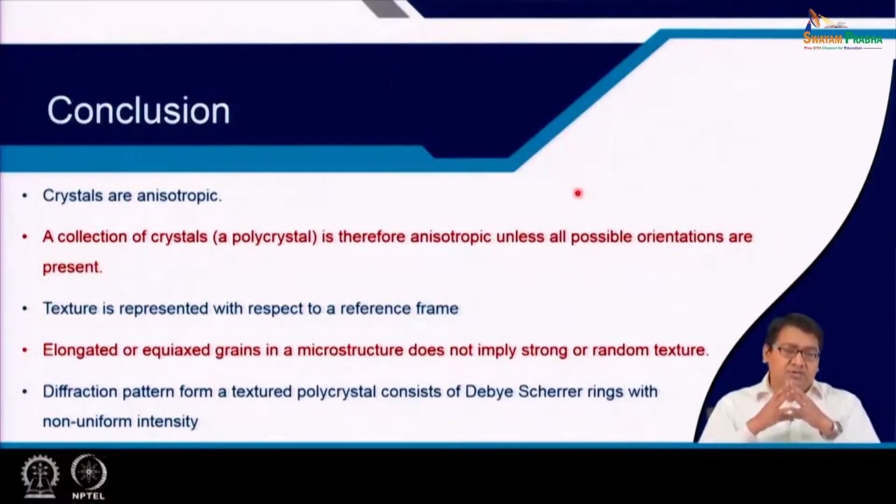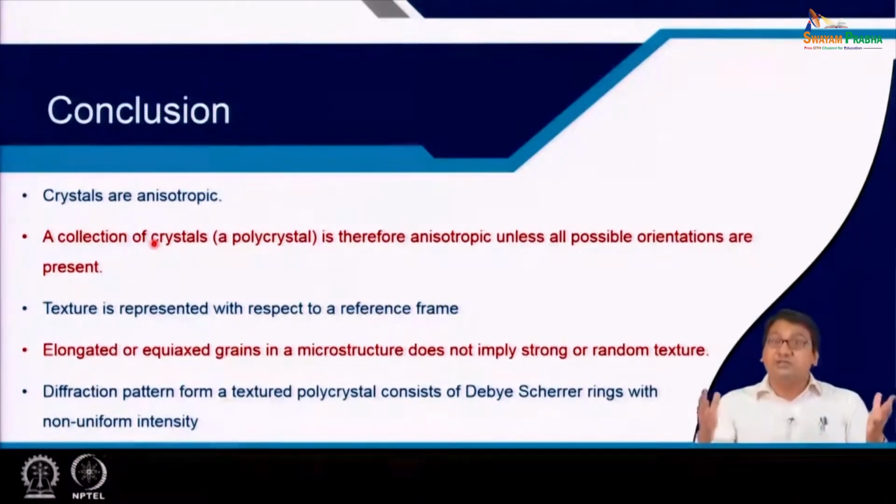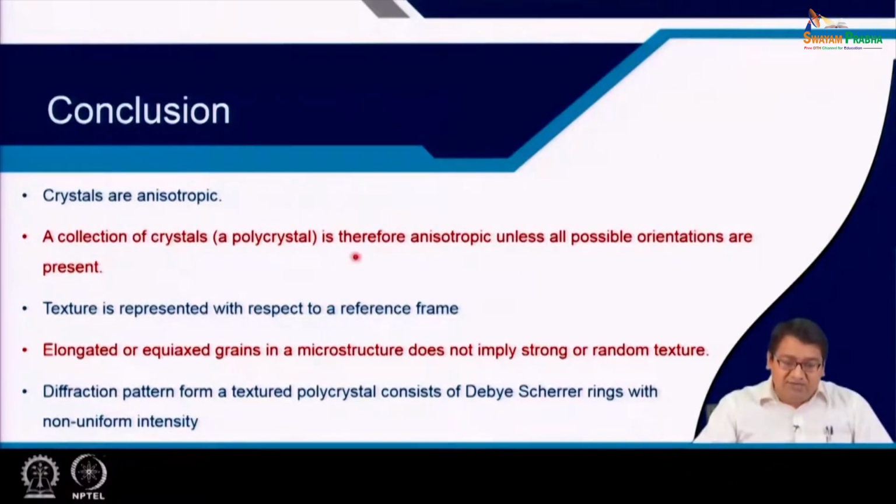So, from this lecture, what can we conclude? We can conclude that crystals are anisotropic in nature. A collection of crystals, that is, a polycrystalline material, is therefore anisotropic unless all possible orientations are present.